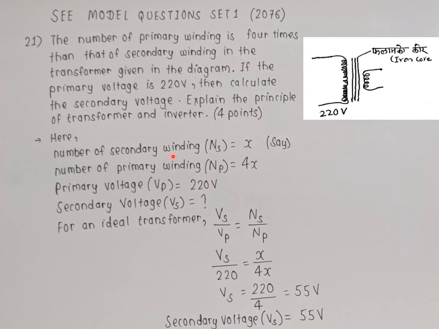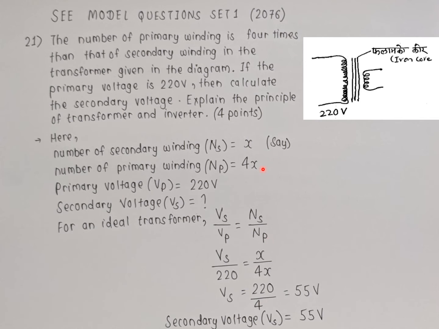The number of secondary winding is labeled as NS, and number of primary winding is labeled as NP. Given the primary voltage VP equal to 220 volt, we need to find out the secondary voltage VS. For an ideal transformer, this relation holds: the ratio of secondary voltage to primary voltage is equal to the number of secondary winding to the number of primary winding.